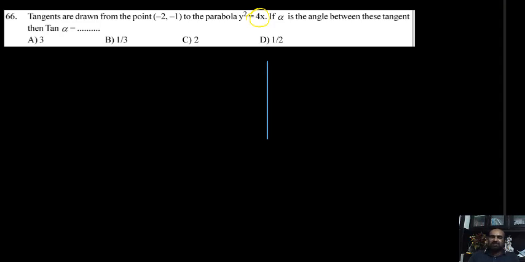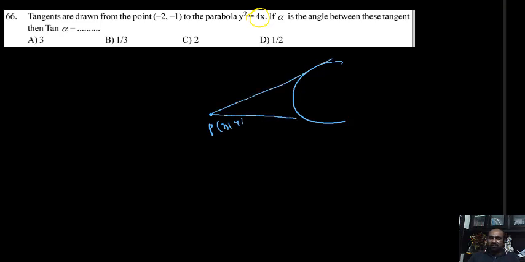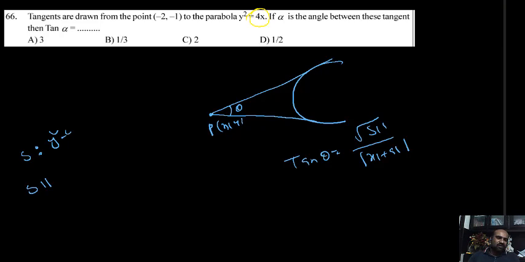For example, this is the parabola and this is a point P (x1, y1). Through P you can draw two tangents. The angle between the two tangents is theta. Then you know that tan theta equal to root over S11 by mod of x1 plus a. You can use this formula also. So S11, actually S means y square minus 4x.